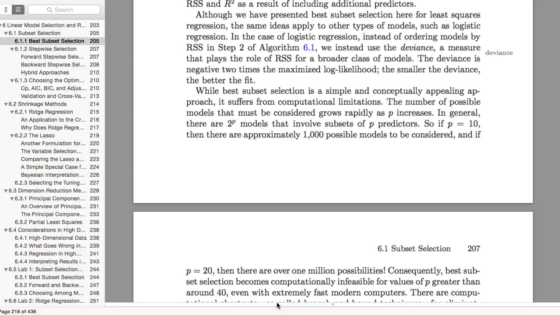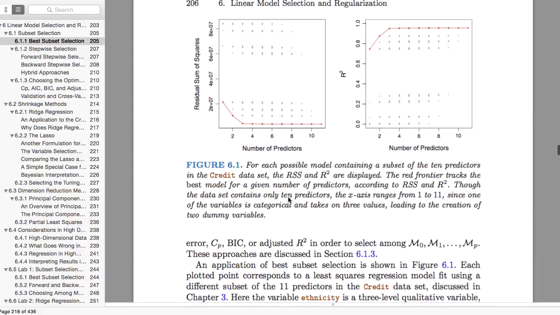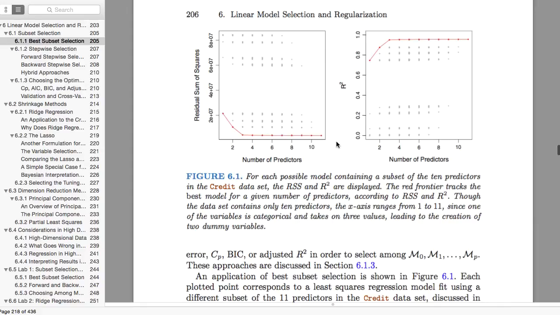But there's an additional problem, which is that it's not interpretable if you have a huge number of predictors. Look at this as an example. Here we had 10 predictors, and the best model was clearly with about 3 or 4 predictors.